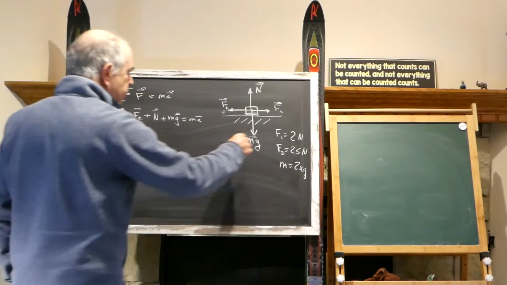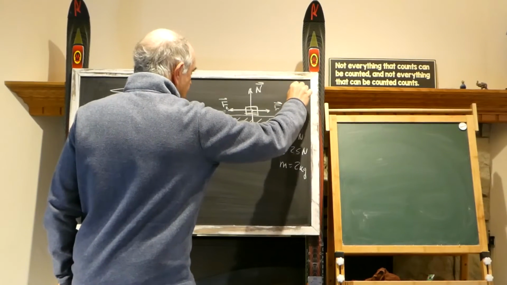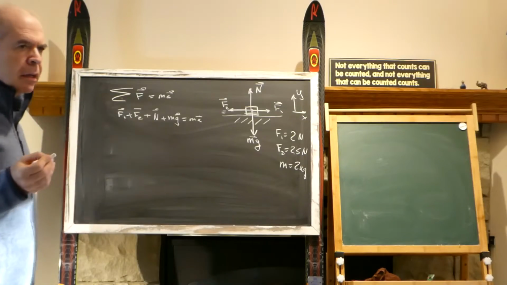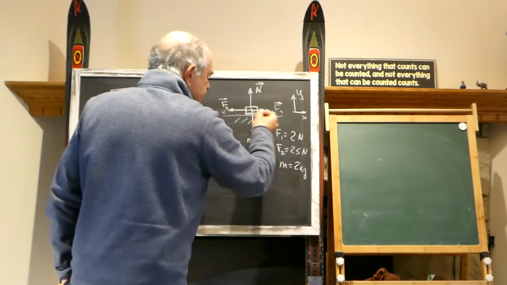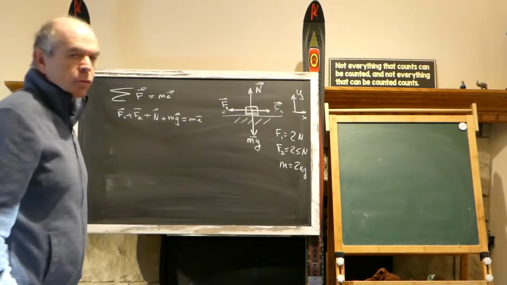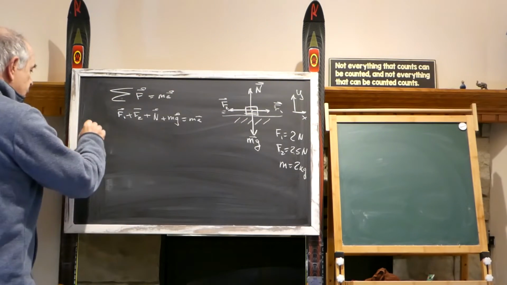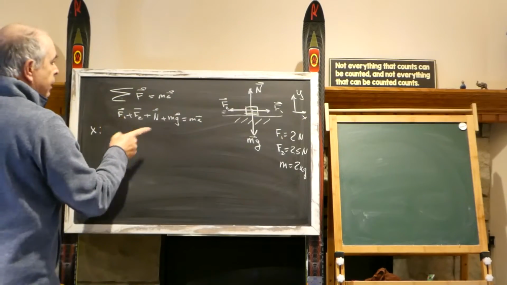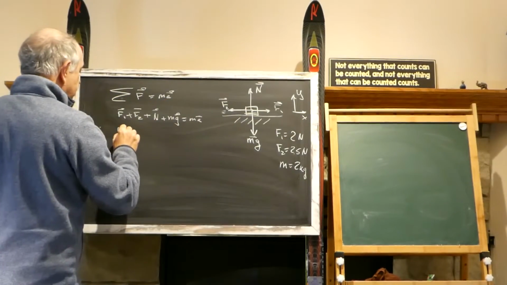Okay, next step, of course, this is y and this is x. And of course those are perpendicular to each other, and in this case it's only natural to align them with the directions of all the forces. Right, so x is this, so F1 is that way, positive.